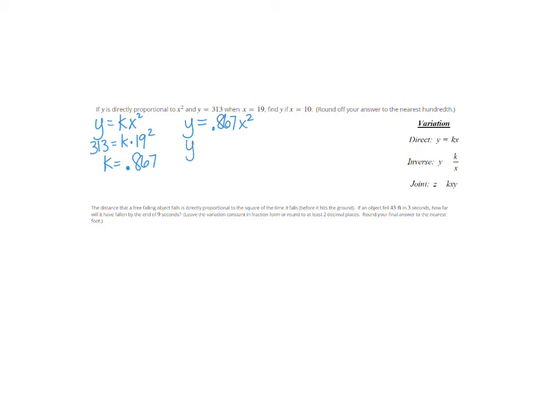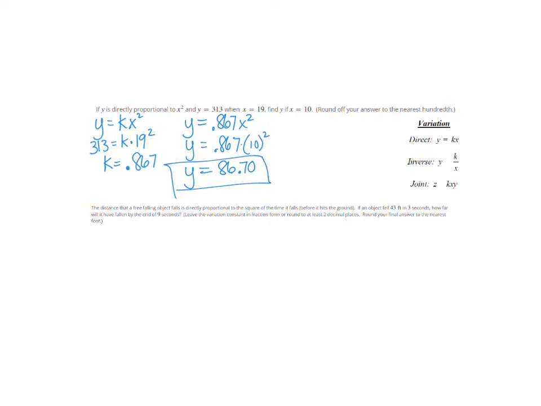So I'm looking for y, but I know that x is 10. So all I have to do is multiply those together. Well, 10 squared is 100, and 100 times 0.867 would be 86, and it actually rounded off to 86.70. All right, there we go.